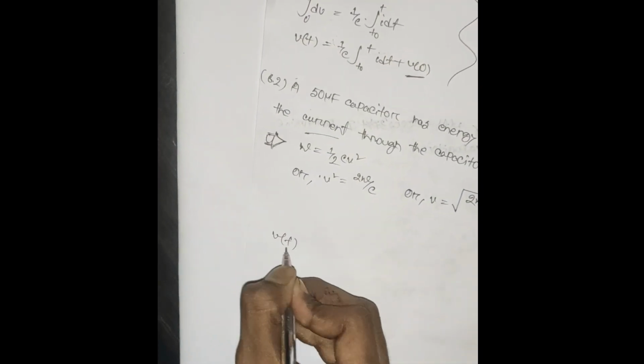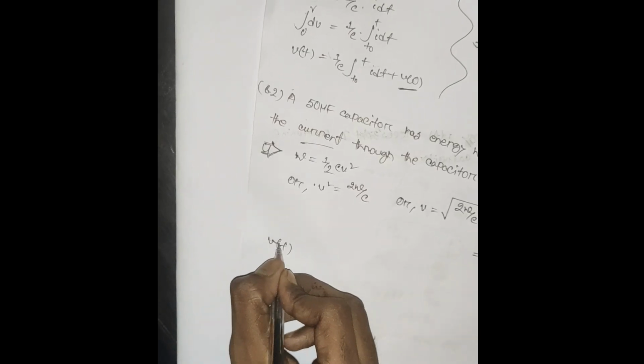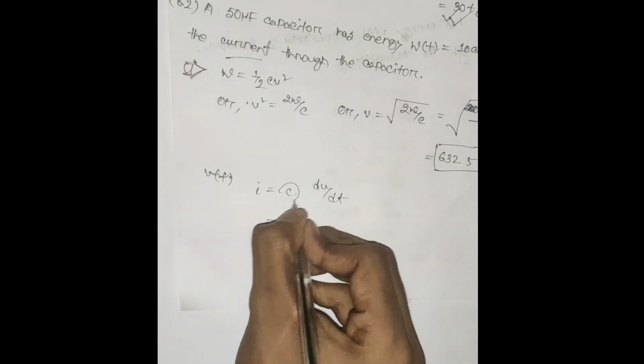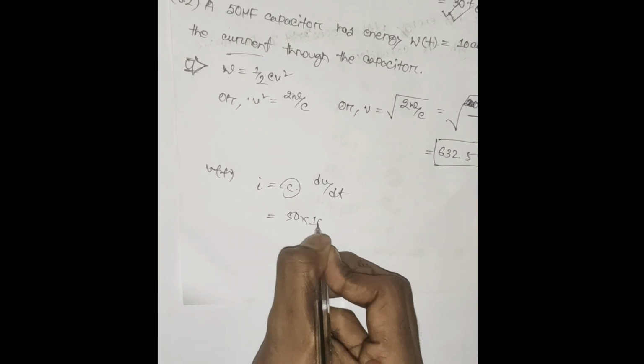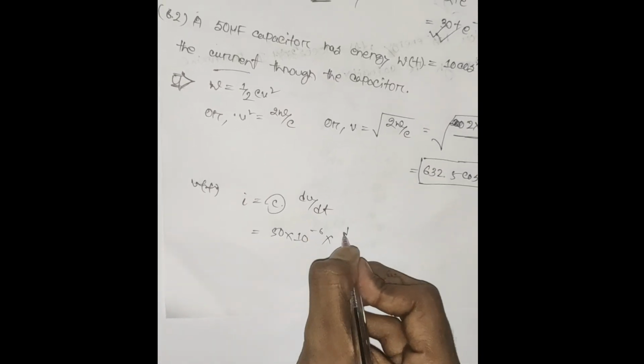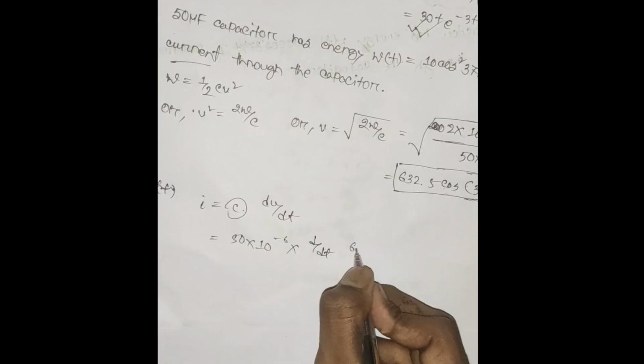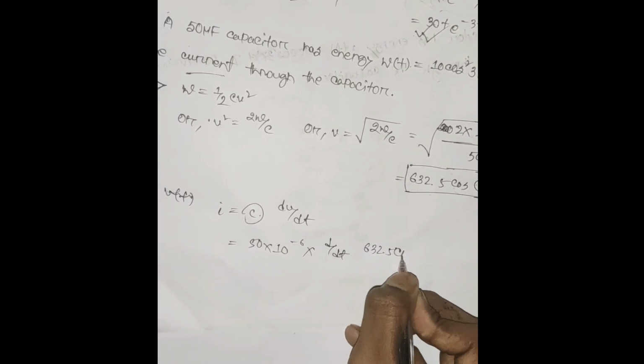Now they wanted us to calculate the current. Again we can use the voltage equation from there. Current i equals C dV by dt. So here C is 50 into 10 to the power minus 6 and dV by dt of this value, 632.5 cos 377t.